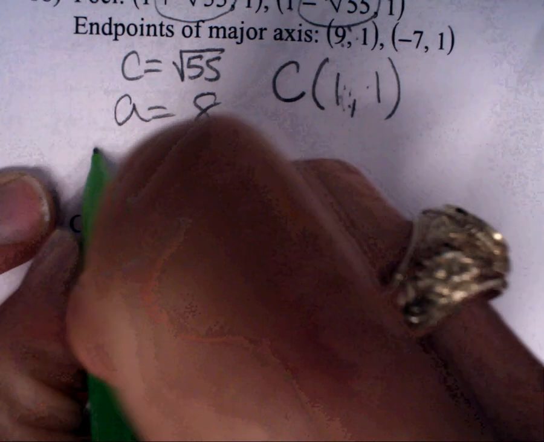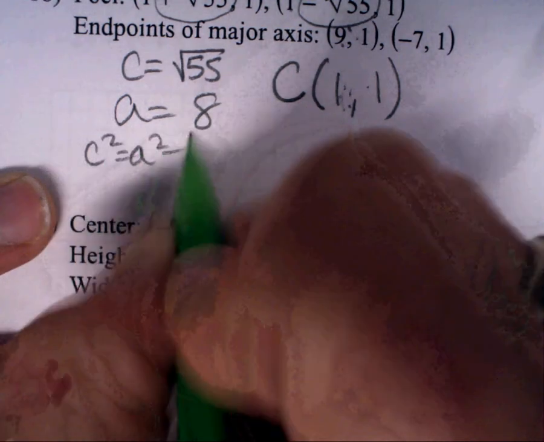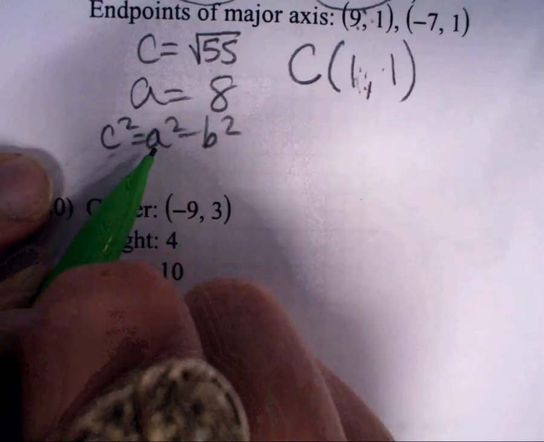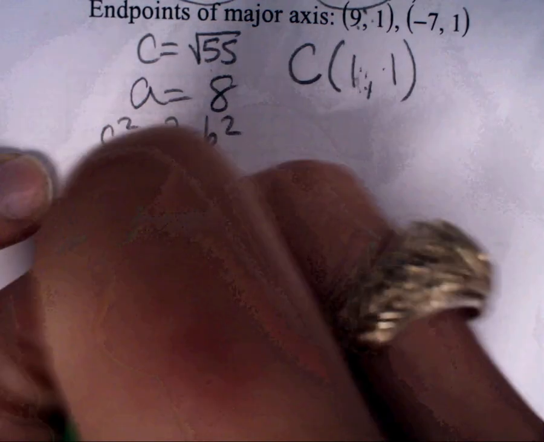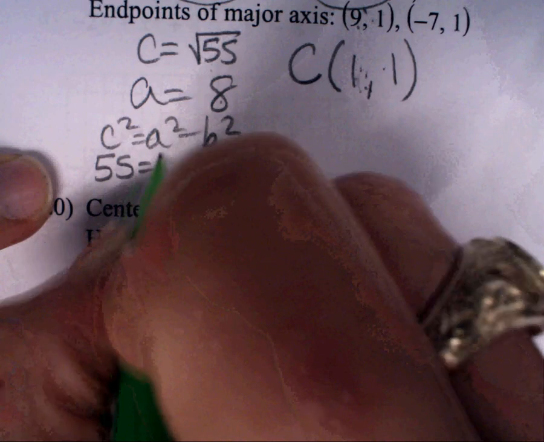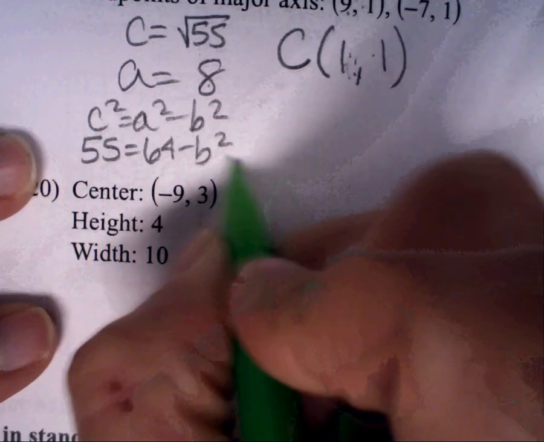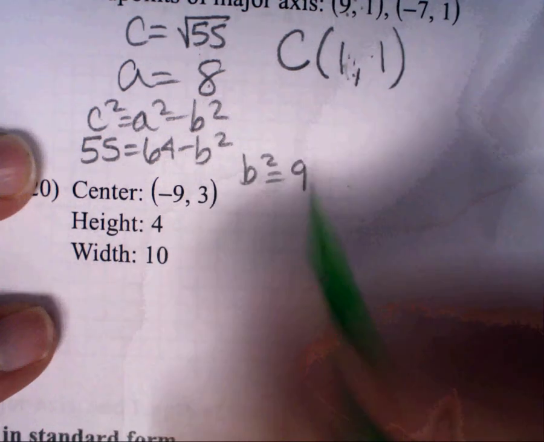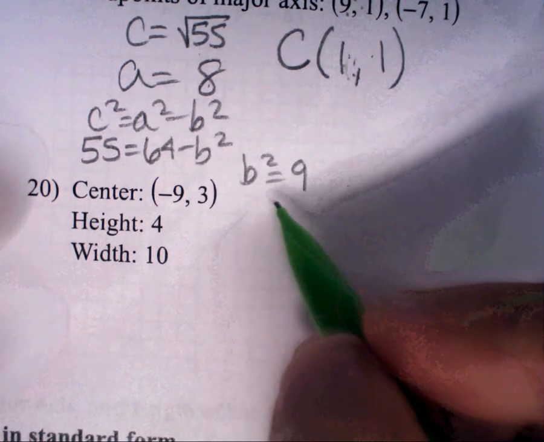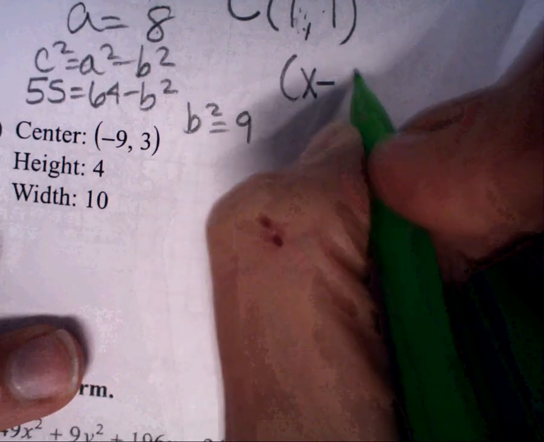So now I'm going to do c squared equals a squared minus b squared. c squared is square root of 55 squared, which is 55. a squared is 64, minus b squared. When I solve for b squared, I get b squared equals 9. Now I have everything. I don't need to find that b is 3, no big deal, because in the equation I need b squared.